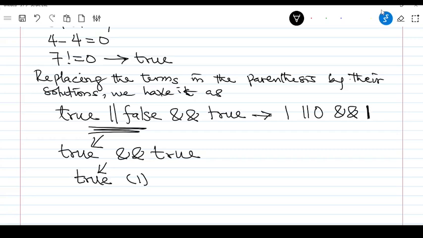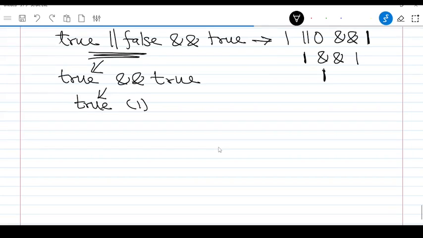Okay, and so 1 or 0 is going to give us 1. So 1 and 1 is also going to be 1. So whichever method you use, either 1 and 0 or true or false, you're also going to have your answers to be the same. Okay, that is that about the third one.